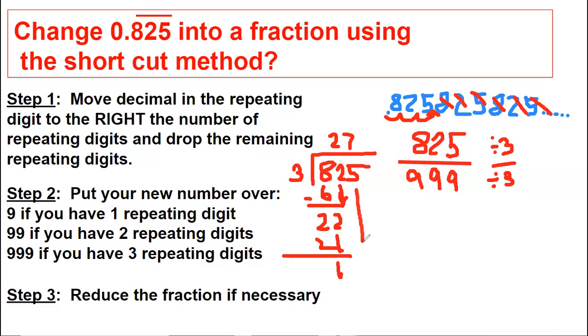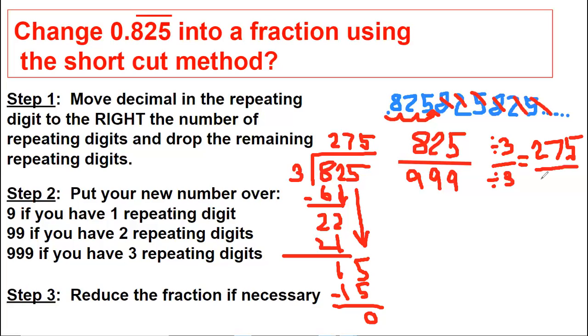And then I bring down my 5. 3 goes into 15 5 times, right? And 5 times 3 is 15, and 15 minus 15 is going to give me a remainder of 0. I'm done. I've divided. So 825 divided by 3 is equal to 275 on the top.